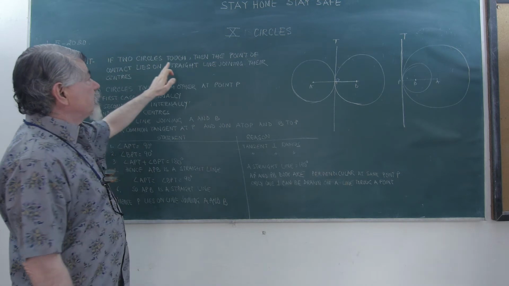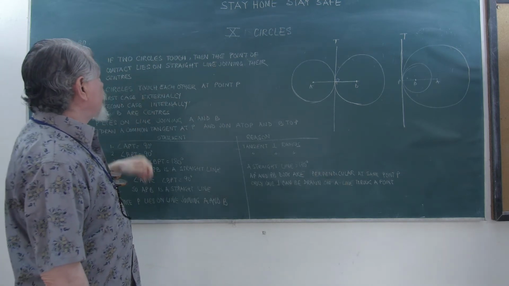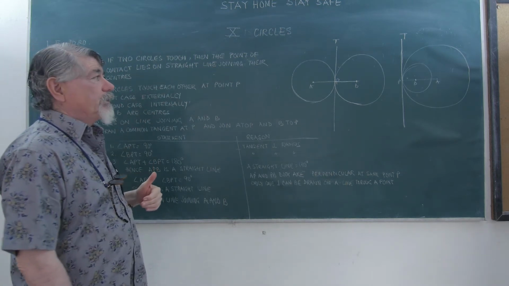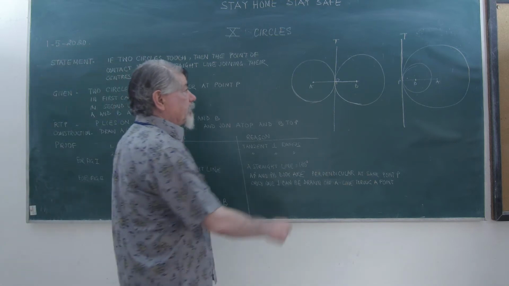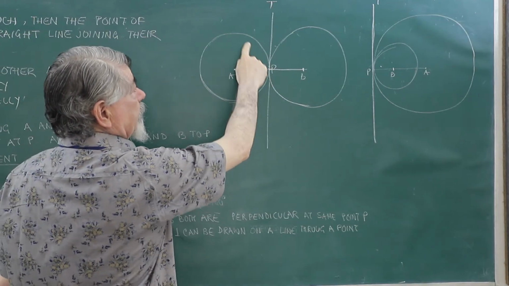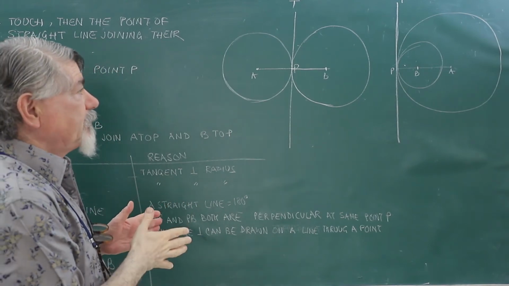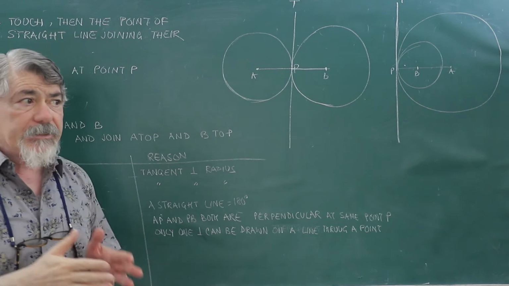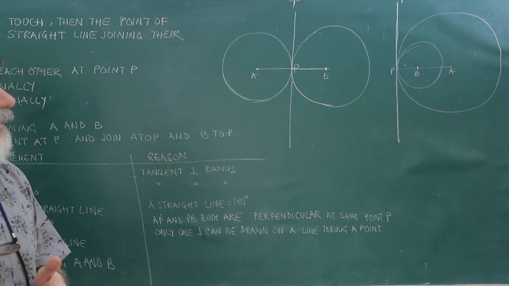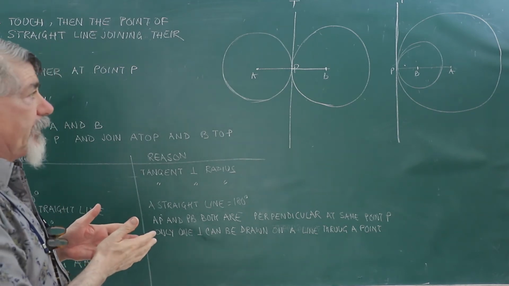It says if two circles touch, then the point of contact lies on the straight line joining their centers. What does it mean? This is the point of contact where they are touching. There will be only one point of contact, whether they are touching internally or externally. We have both the figures here.